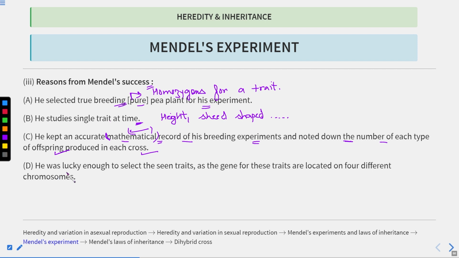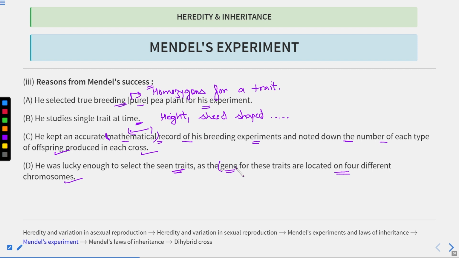Clear? Now next, he was lucky enough to select the seven traits, as the genes for these traits are located on different chromosomes. Again, he selected traits that were easily observable. We can see the phenotype and we can tell. So they were well-defined characters, and the genes were located on different chromosomes. This was also a great factor that contributed to Mendel's success.